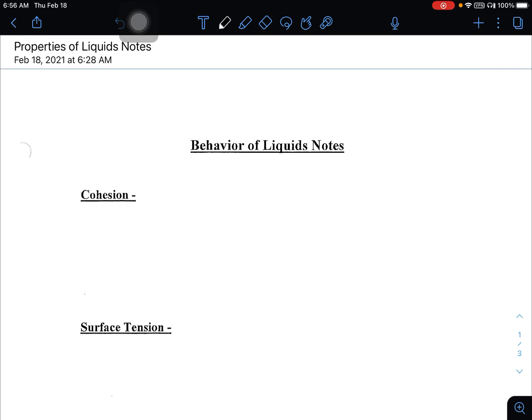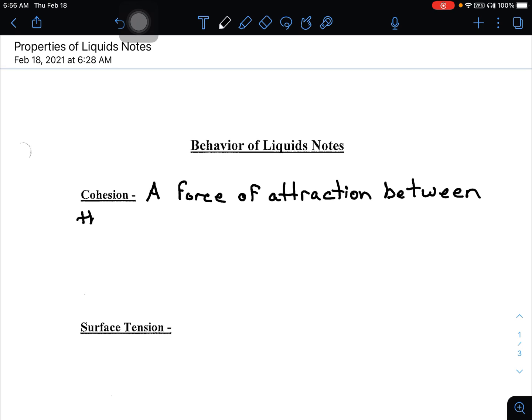Cohesion is simply defined as a force of attraction between the particles of a liquid. Cohesion is the force of attraction between the particles of a liquid.